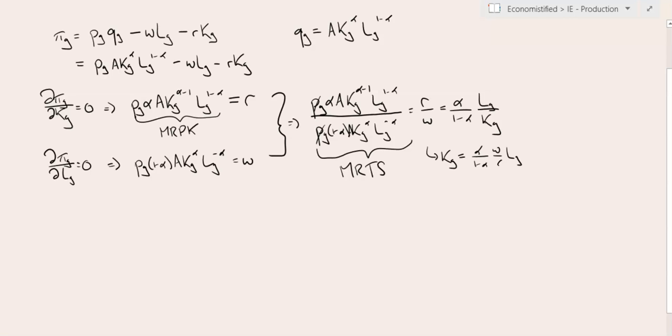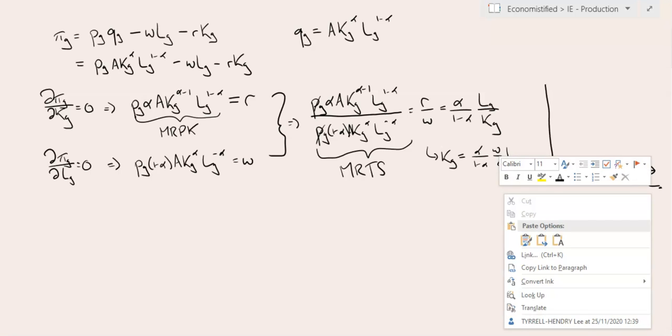So if a good is more capital intensive, or if the price of capital relative to labor is cheaper, then demand for capital is going to be relatively high compared to demand for labor. We can graph this. Looks like this.